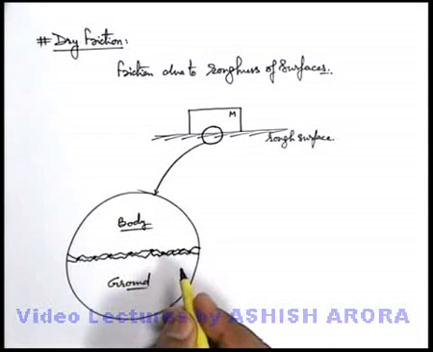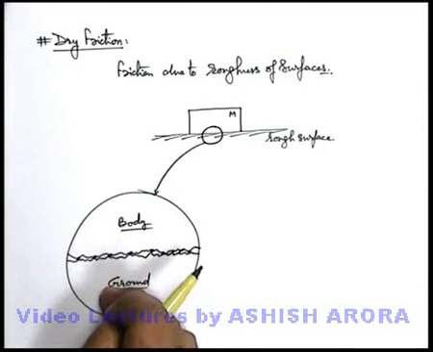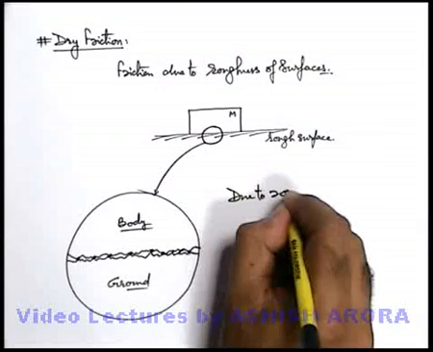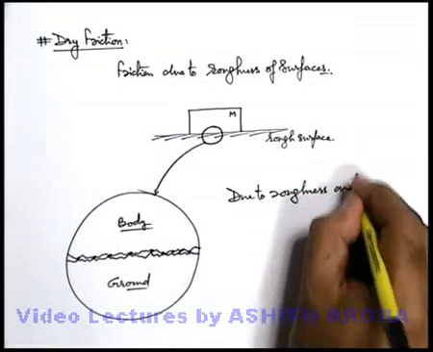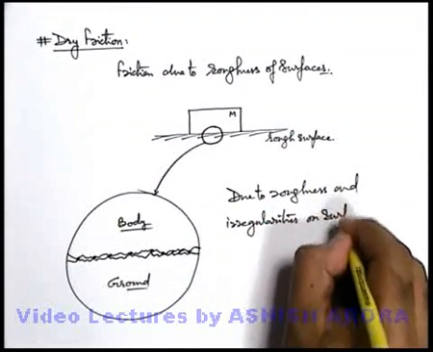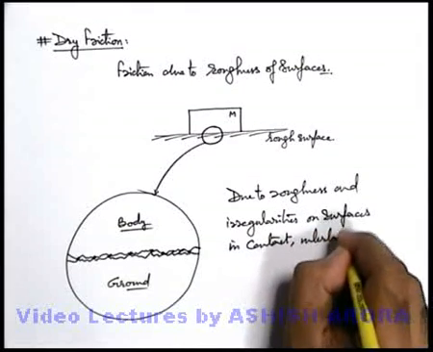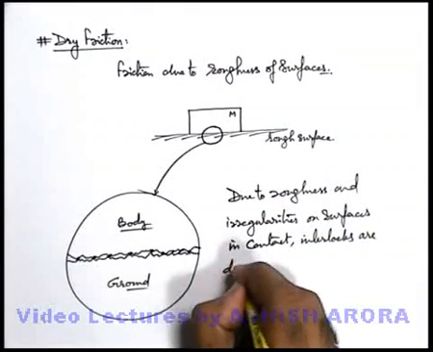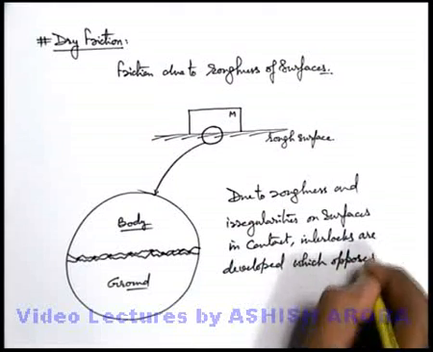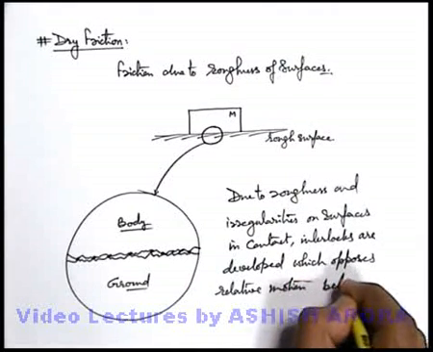Now all these contact forces will develop an opposition against the tendency of motion of the body, because when a lot of irregularities are interlocked, you can simply write: due to roughness and irregularities on surfaces in contact, interlocks are developed which oppose relative motion between these surfaces.